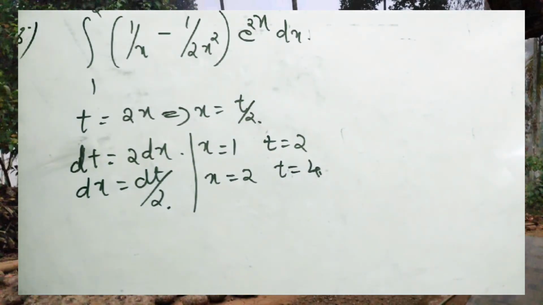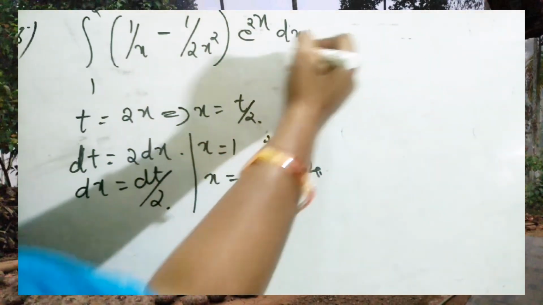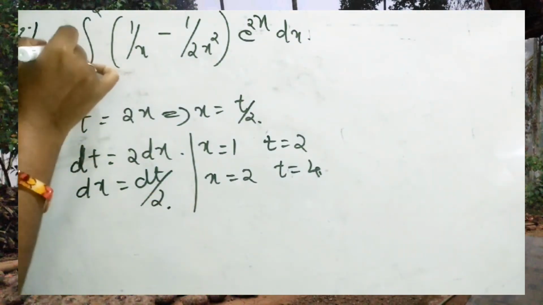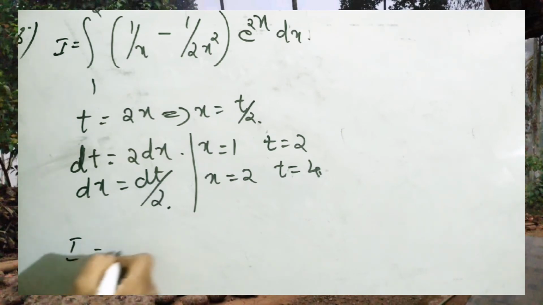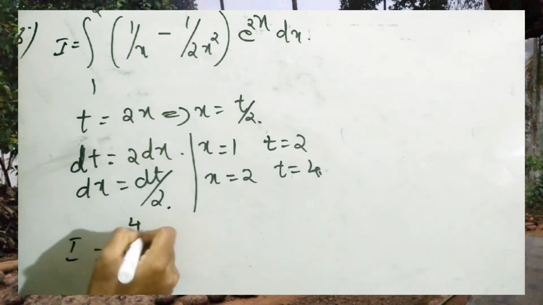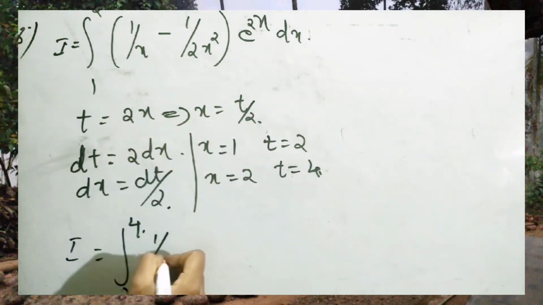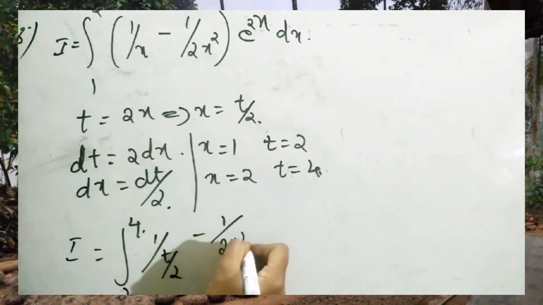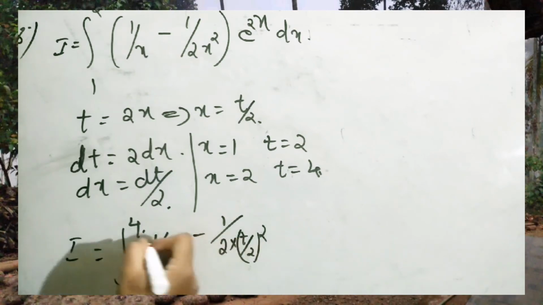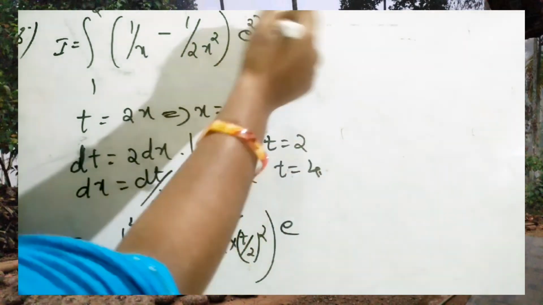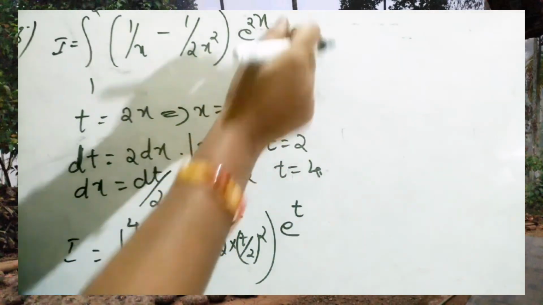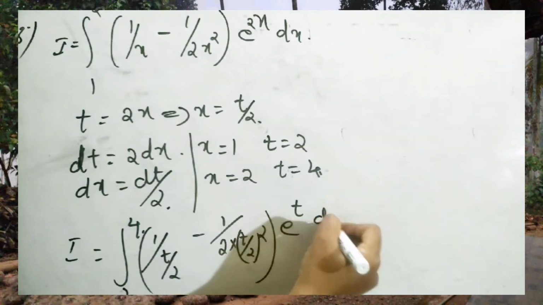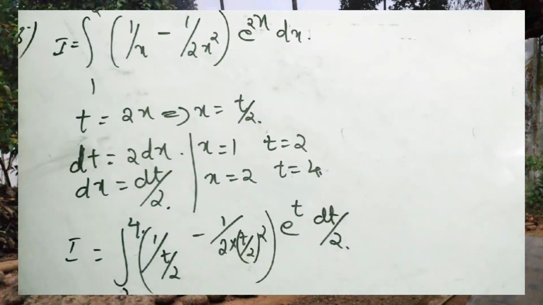So the new interval of integration is from 2 to 4, and this integral becomes, let it be I, equal to integral 2 to 4 of 1 by x, which is t by 2, minus 1 by 2 into t by 2 all square, into e raised to 2x, that is e raised to t, and dx is dt by 2.